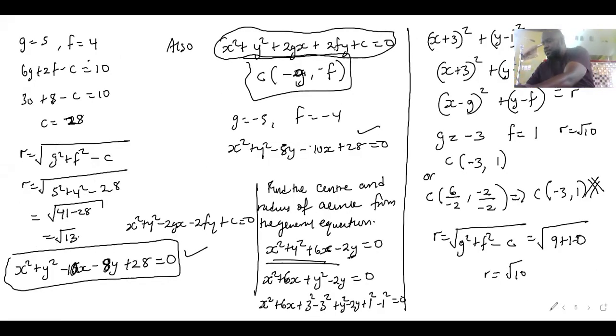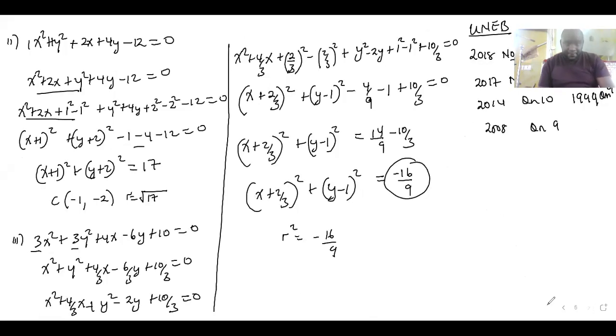So when you're completing squares, where does the variable of x go? Where does the 2x and the 4y go?